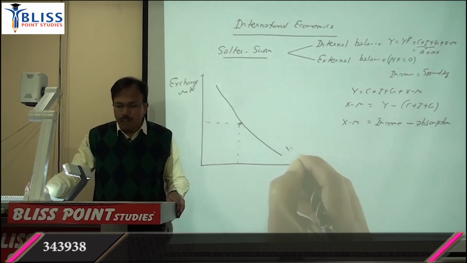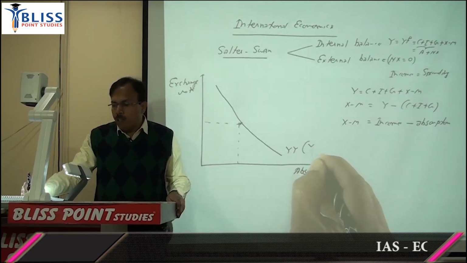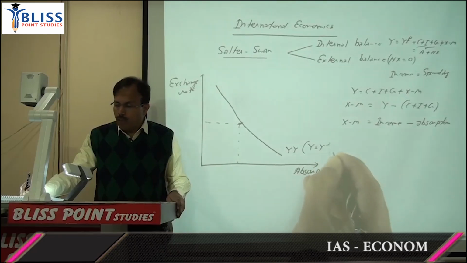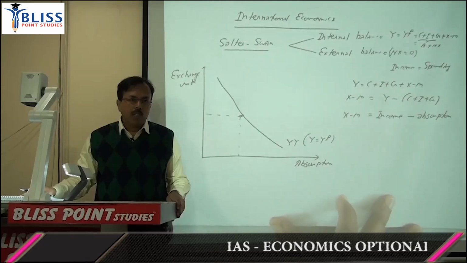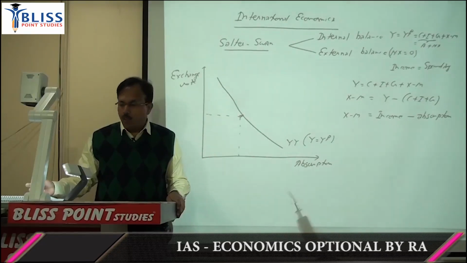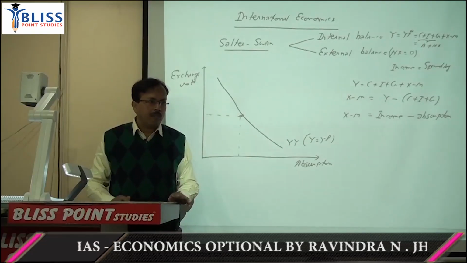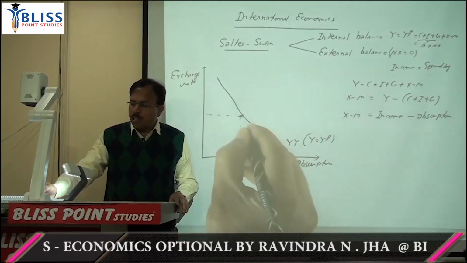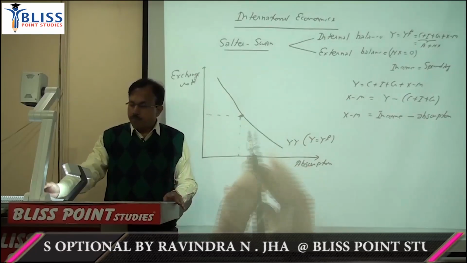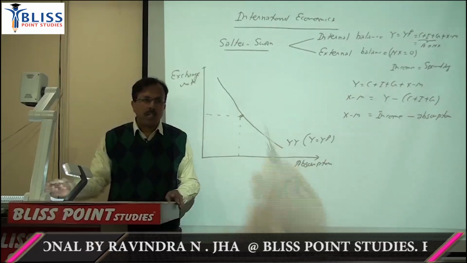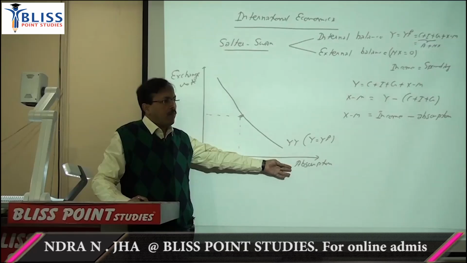For internal balance, write the YY schedule, but in brackets write that at every point on that line Y is equal to what, Yf. So any point to the right of it, what will be the relation between Y and Yf? Y will be greater than Yf. Points to the right of it, because the simple interpretation is, if you are on this schedule Y equals Yf, as you move to the right at any given exchange rate, it means absorption increases.